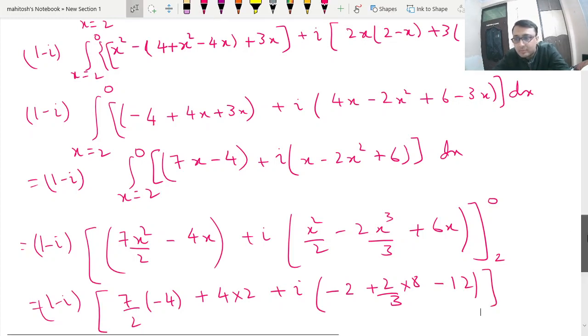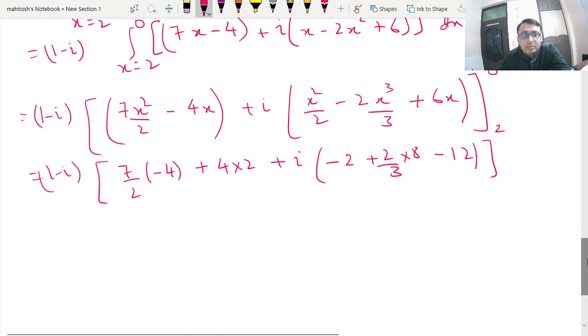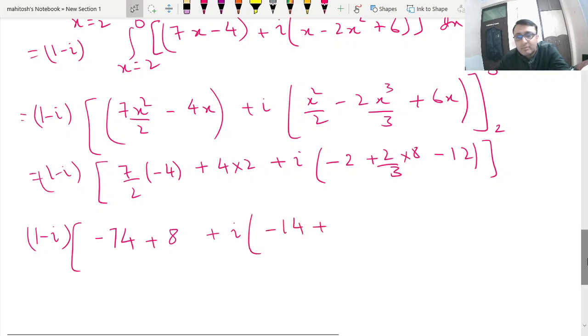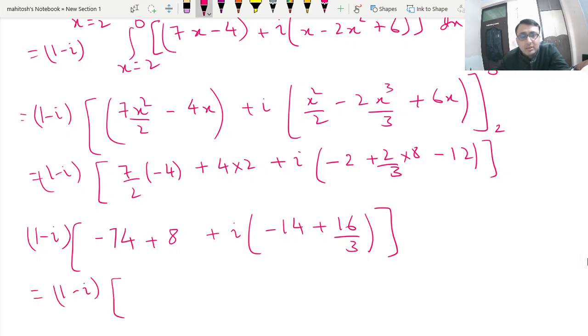Now 1 minus i times minus 14 plus 8, plus i times minus 14 plus 16 by 3. So this is nothing but 1 minus i times minus 6 plus i times (minus 42 plus 16) by 3.